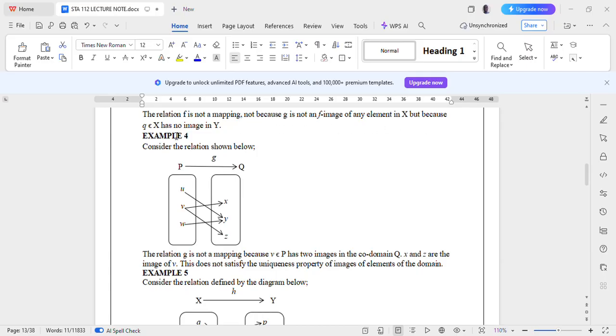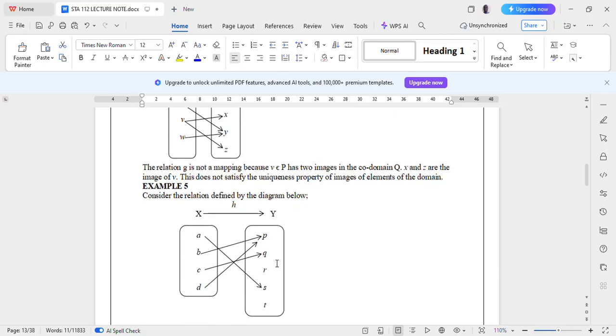So both elements 1 and minus 1 in the domain have the same image 2 in the codomain. So two elements from the domain can have the same image in the codomain, but one element in the domain cannot have two images in the codomain. So I hope you get that clear.